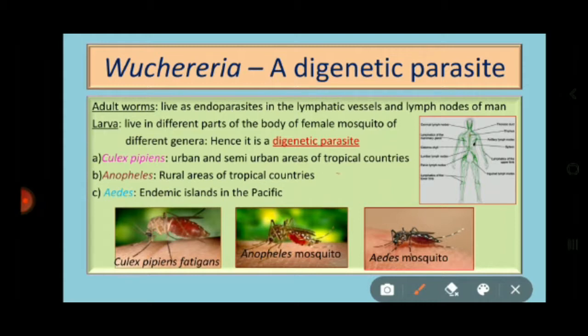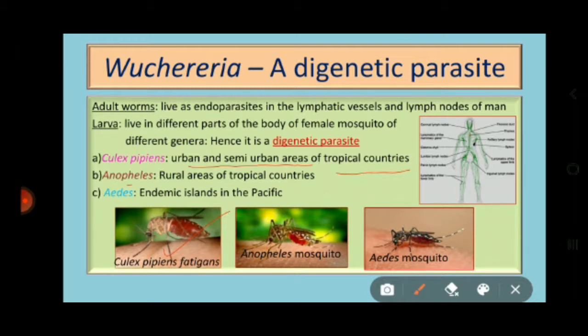Primary host is the man, and the secondary host is some type of mosquito, especially the Culex in India. So, as you said, in most of the tropical countries, this Culex pipiens fatigans is the vector or secondary host, especially in the urban and semi-urban areas.